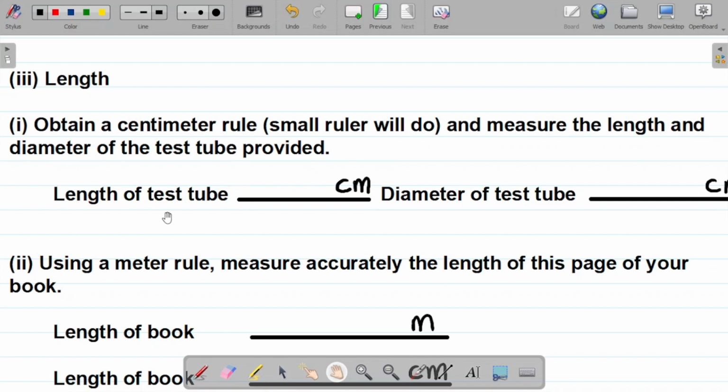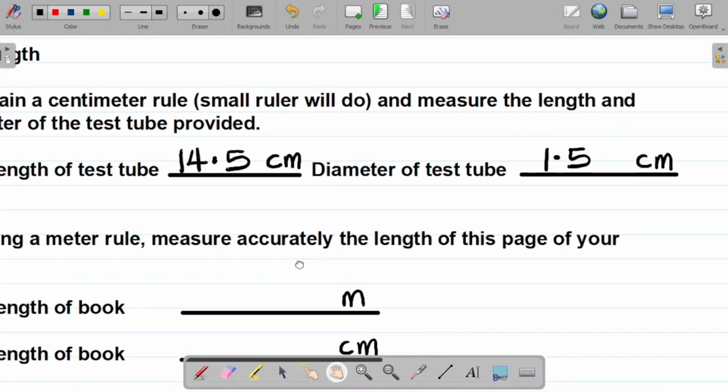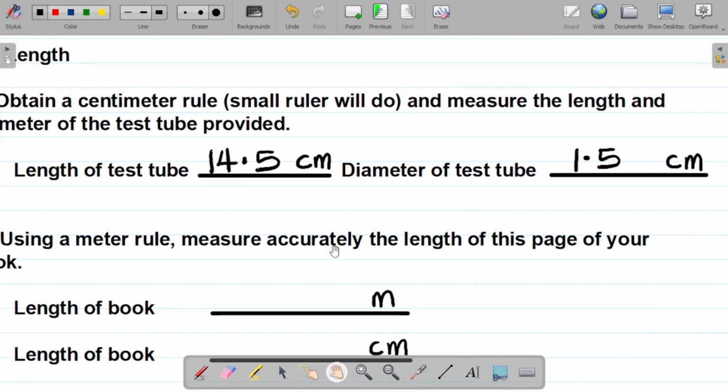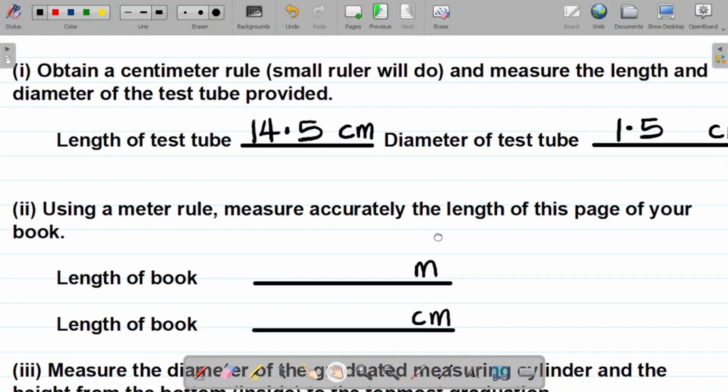From my own measurement, the length of the test tube is 14.5 centimeters, and the diameter is 1.5 centimeters. Please, if you got something else, you don't have to change your values. Just work with whatever you got during your own experiment.